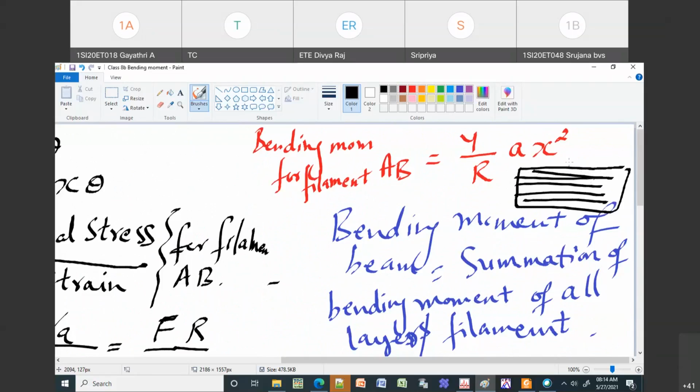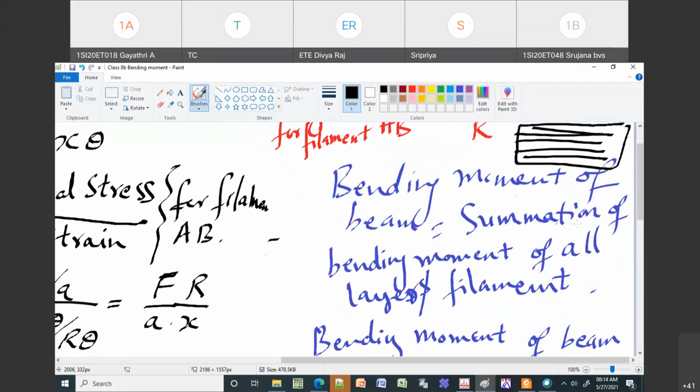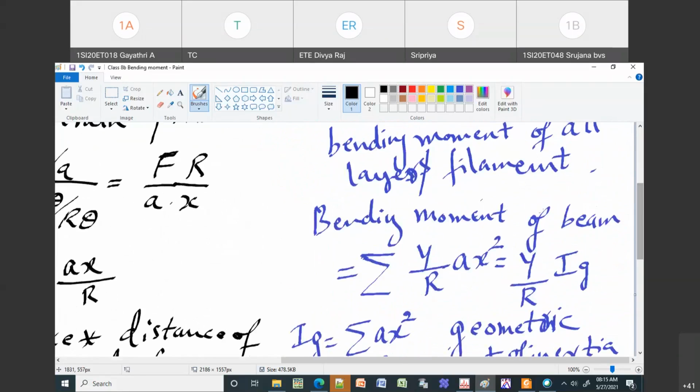Only then it will be the bending moment of the entire beam. So the bending moment of the beam is nothing but the summation of the bending moment of all the layers. If you take the bending moment of this plus this, it will give the complete bending moment of the beam. So bending moment of the beam is equal to the summation of each of the layers.